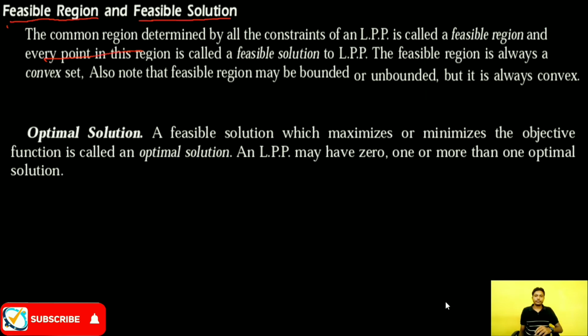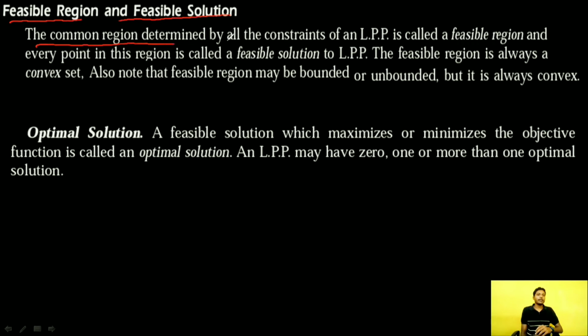Okay. Now feasible region and feasible solution. The common region determined by all the constraints of an LPP is called the feasible region, and every point in this region is called a feasible solution to the LPP. The feasible region is always a convex set.